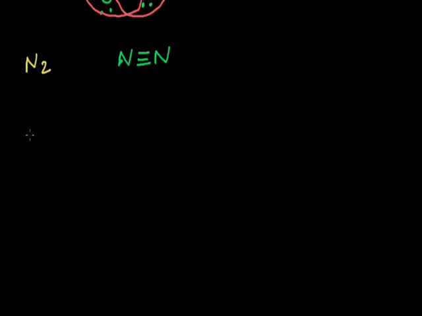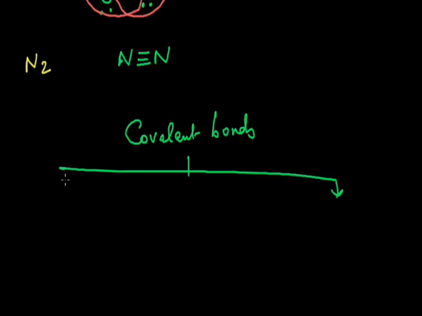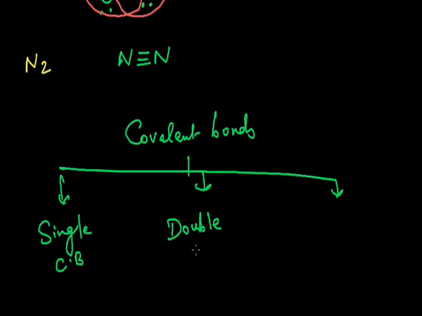From this we'll come to know that covalent bonds are of three types: single covalent bond, double covalent bond, and triple covalent bond.